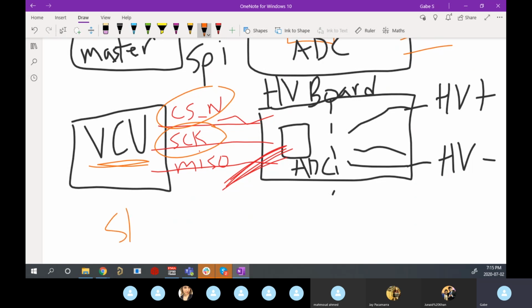So we just say start SPI. Then MOSI will send some fake data, just all ones, which will start the clock, and then the ADC can spit out data back to us. So that's a very specific case.